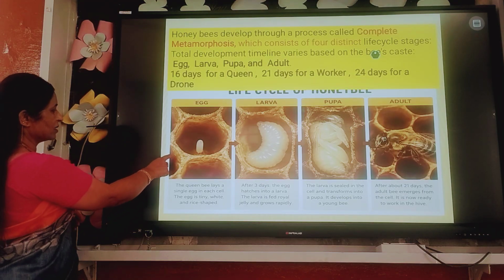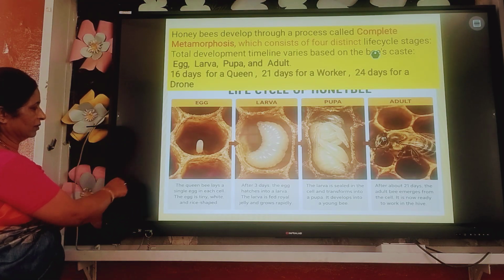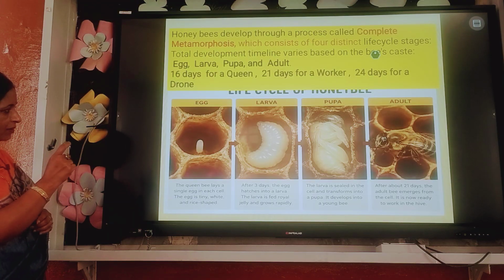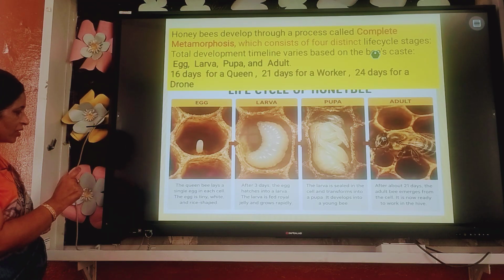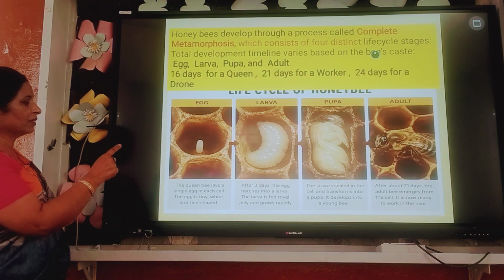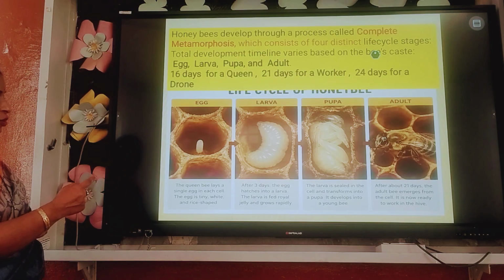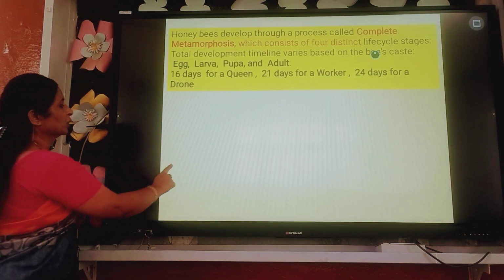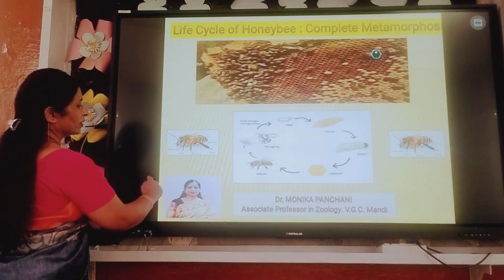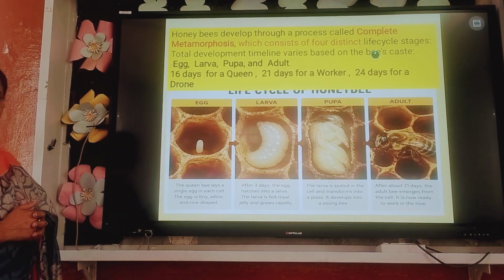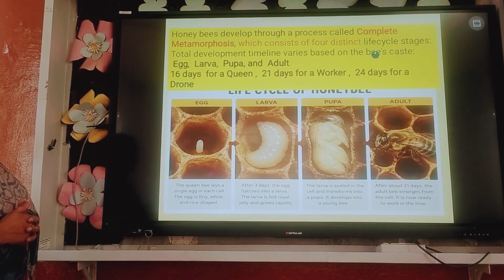You can see the life cycle of the honeybee. This one is the egg, very beautifully shown. It is rice shaped, very tiny and white in color. Then after 3 days the egg hatches into a larva. You can see here this larva is fed on royal jelly for the starting days, and then it grows rapidly.